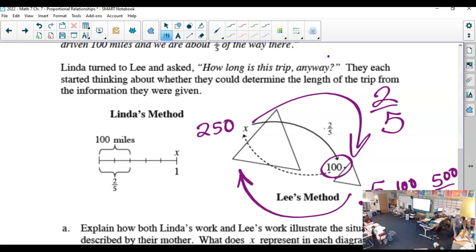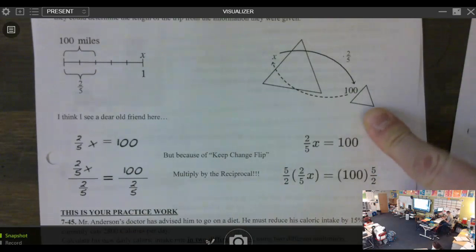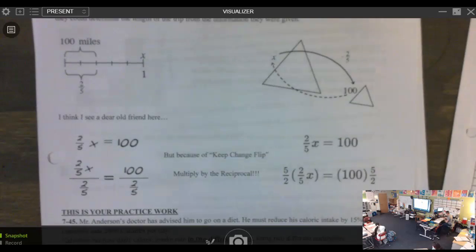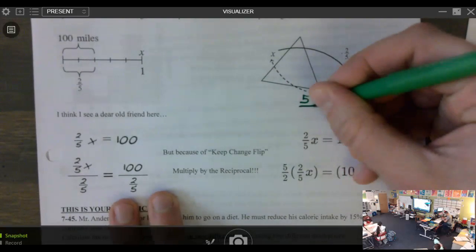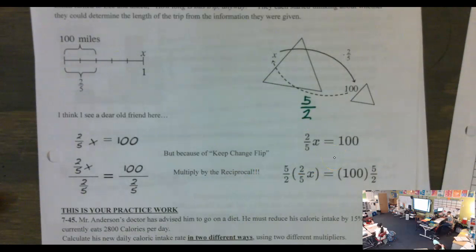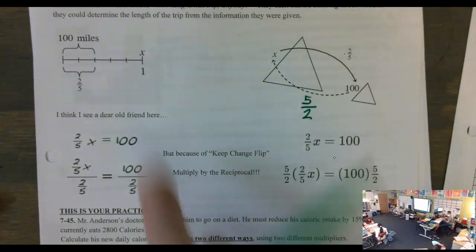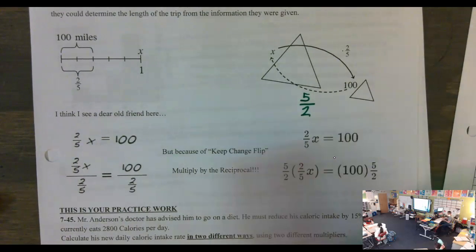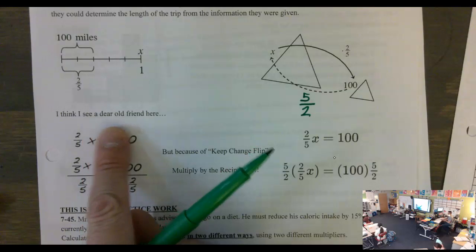All right, on your notes here. I'm going to pull this out so we can all look at the same thing. On your notes here, you should have written that we multiplied by 5 halves, the reciprocal. The other reason why, guys, we've talked about this, is right here.